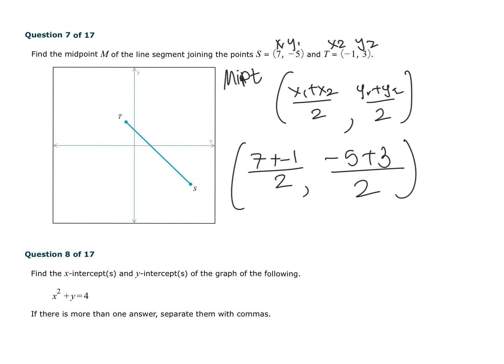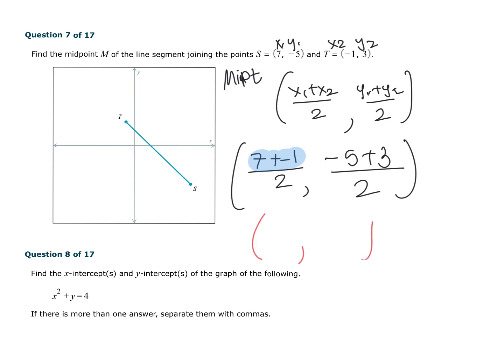And then from here, I'm just calculating each one separately. If you have the fraction key in your calculator, that can be very useful because you can just type it in. So let's see, what did you get for the x coordinates? It's 7 plus -1 over 2, and that'll be the x coordinate.